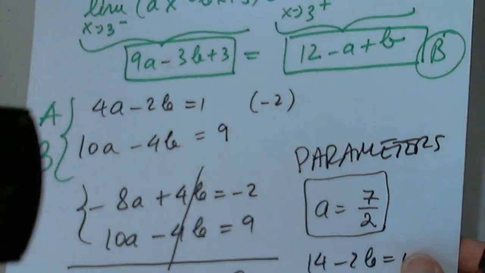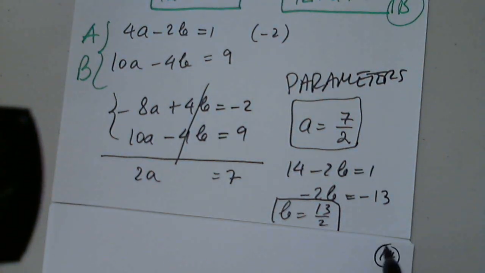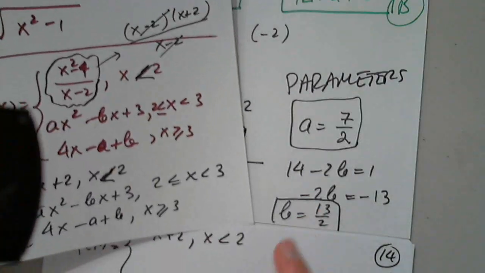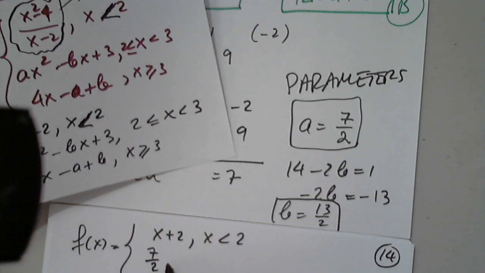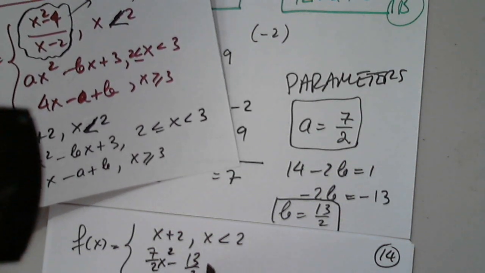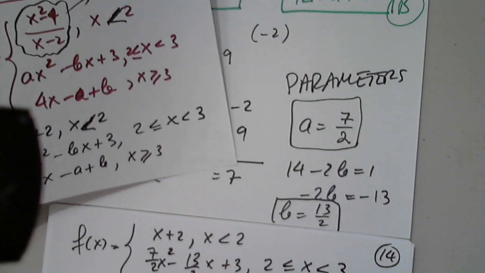And in writing, I have to rewrite the function. In WebAssign, I don't have to. So now the function that is continuous everywhere is x plus 2 for x less than 2. I replace a by 7 halves. 7 halves minus 13 halves, of course, x squared minus x plus 3 for 2 less than or equal to x less than 3.